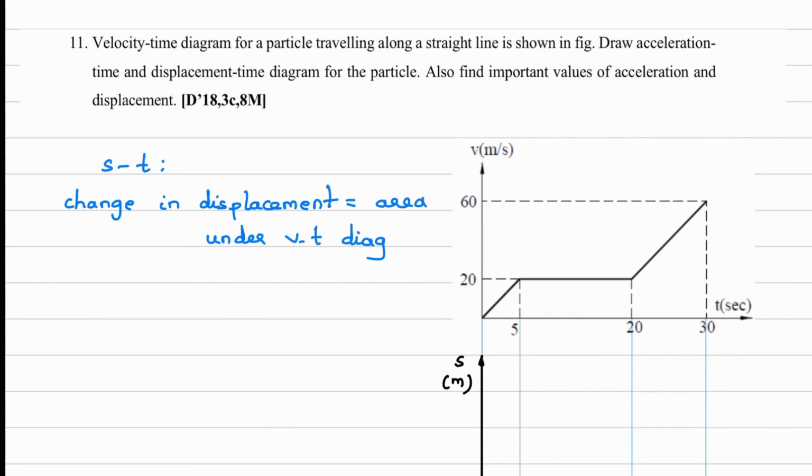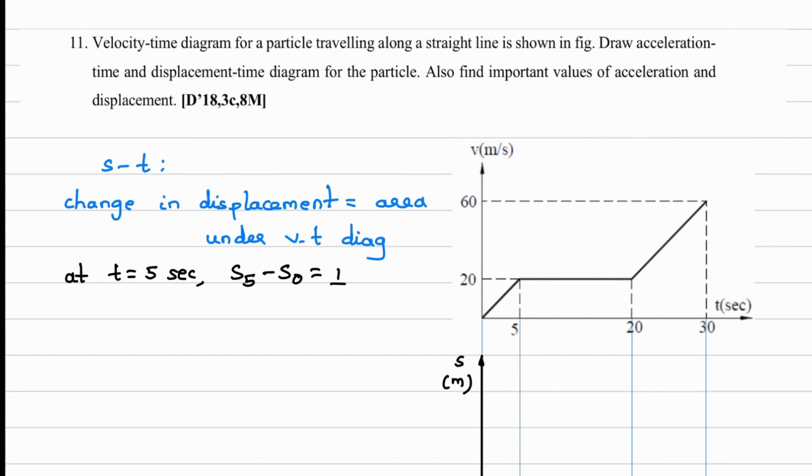Now what is the change in displacement? It will be S5 minus S0. So I'll write down at t equal to 5 seconds, S5 minus S0 is equal to area under VT. What is this area? It will be a triangle, half into base is 5 into height is 20.